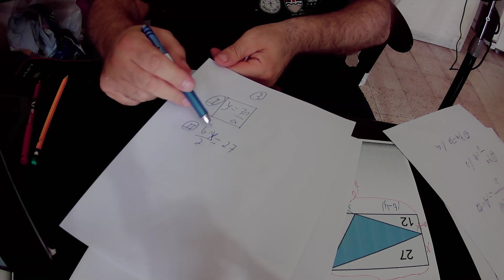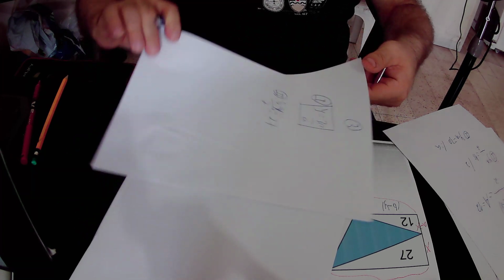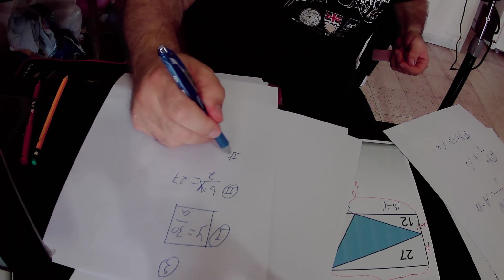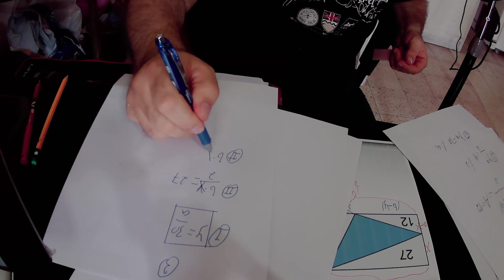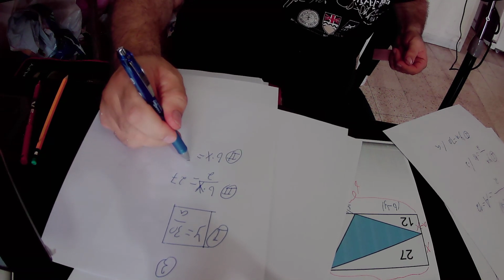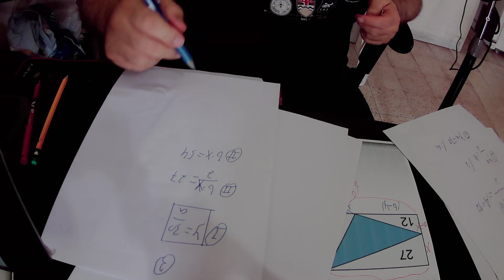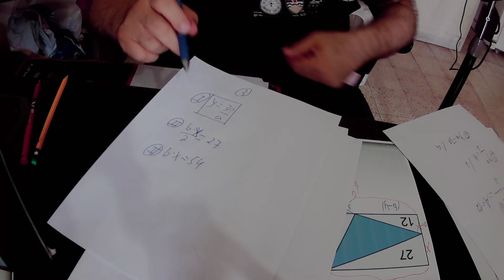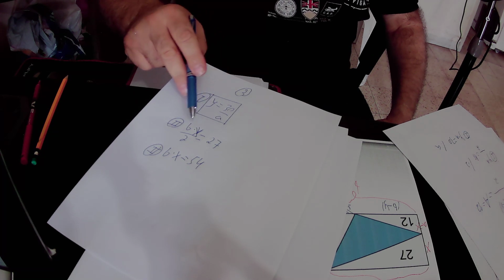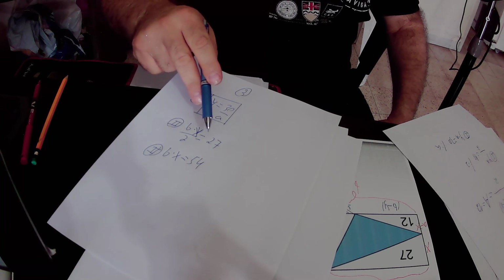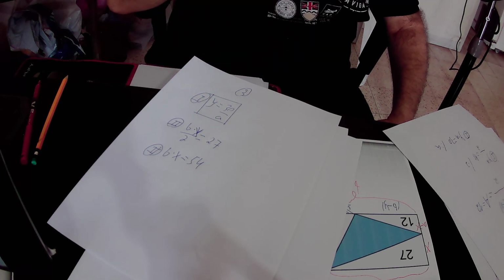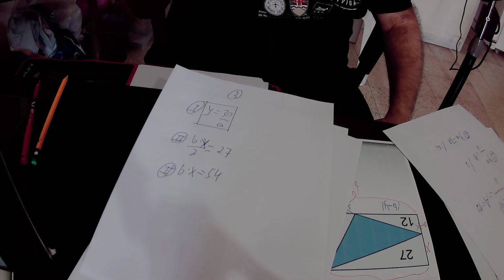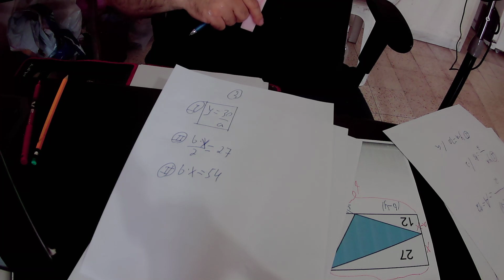We will multiply both sides of the equation by 2, and we will get that B times x equals 54, since 27 times 2 is 54. Now we can divide both sides of the equation by B, because B can never be 0.